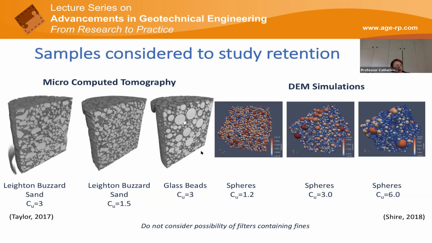And applying our quality control on our data, while we took some images with CUs of up to 6, we felt that our ability to interpret those data with confidence was not there. So our microCT data stops at CU equal to 3. We didn't have these issues with DEM, so we have a broader range of particle size distributions.